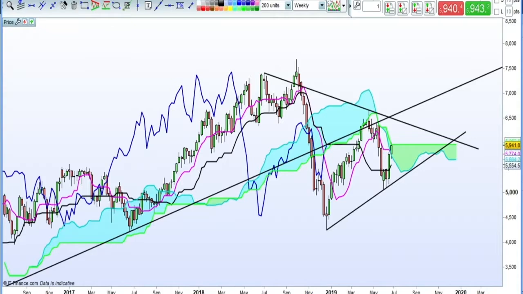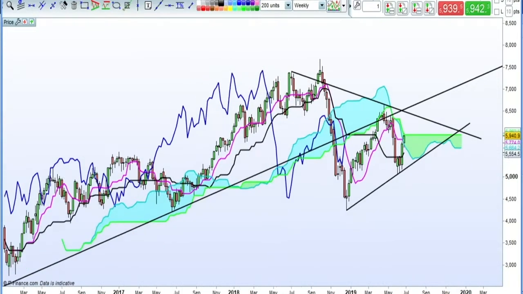The main diagonal line across the screen here is a trend from several years ago showing that up until the end of last year, we were very much in bull mode, and your weekly clouds were scooping you up along the way, keeping you long. The 26-week moving average kept you long right until the very last moment, until December, and then whoops, down we go.